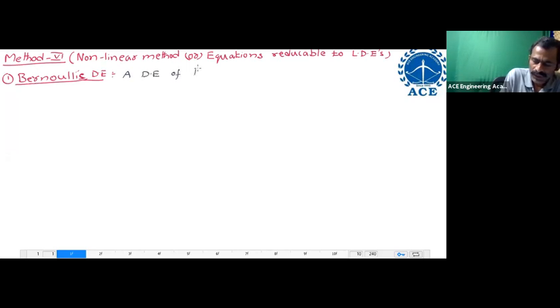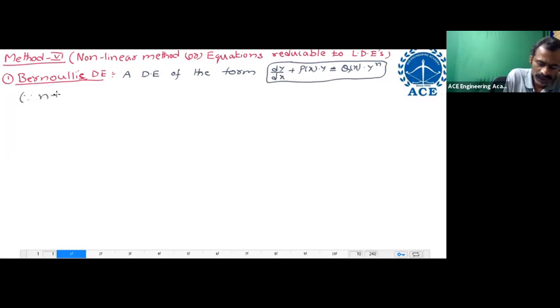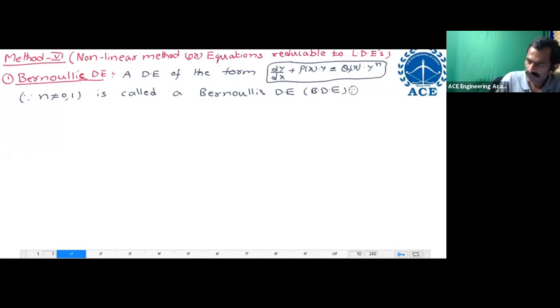A differential equation of the form dy by dx plus p of x into y equal to q of x into y power n, where n not equal to 0, 1, is called a Bernoulli's differential equation, in short form BDE, in dependent variable y.